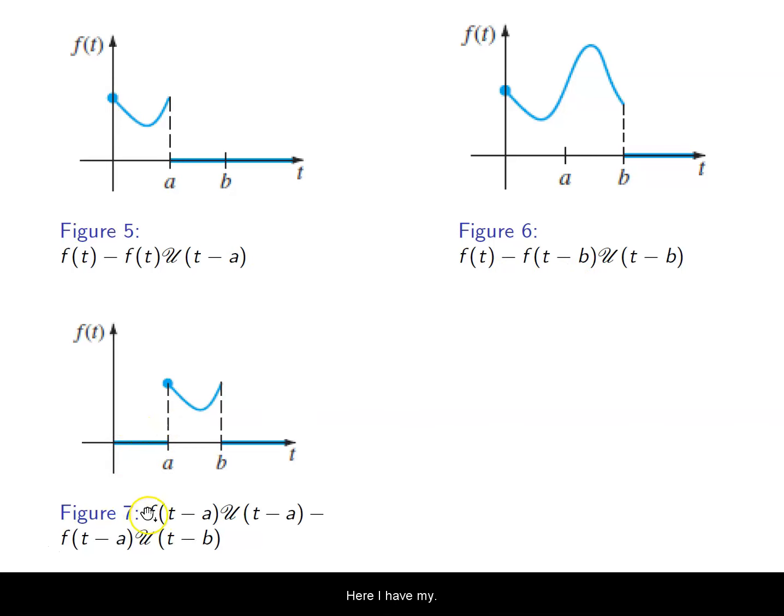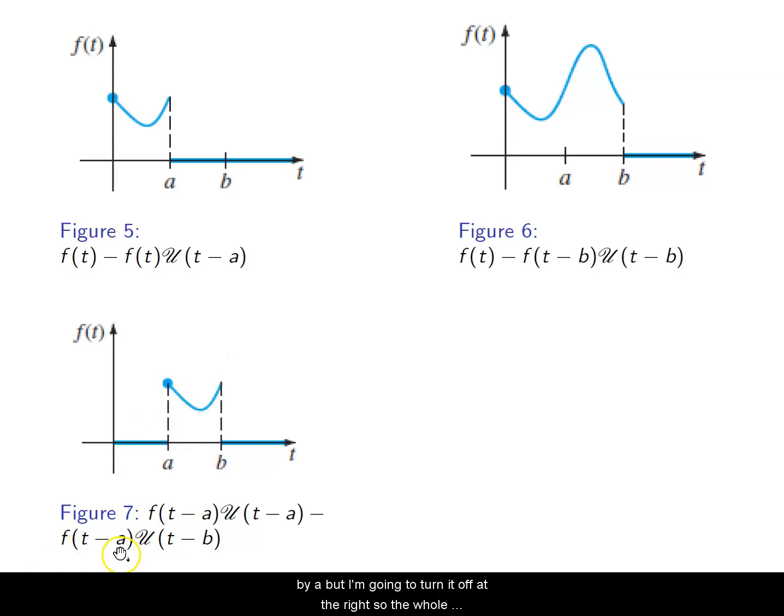Here I have my function shifted to start at A. Okay, so Heaviside and my function both shifted at A, so I'm 0 until A begins, right? And then I'm going to subtract my value of it shifted. This should be a B. Apologies, I must have just written it too fast. So my whole function has been shifted by A, right?